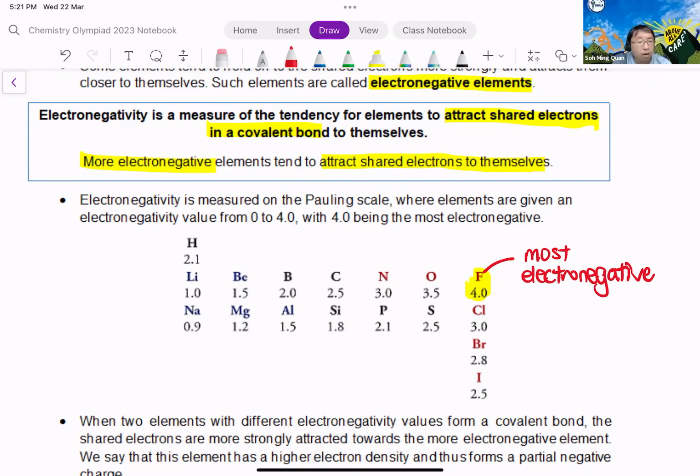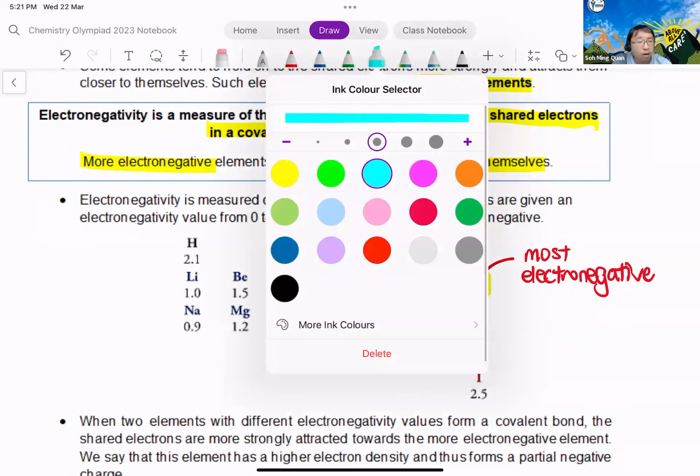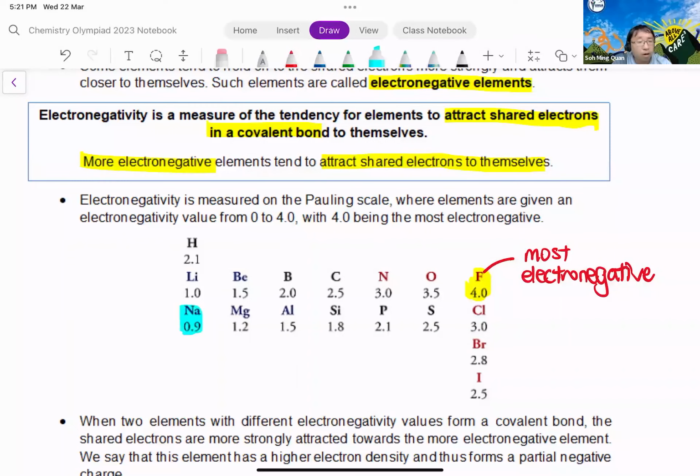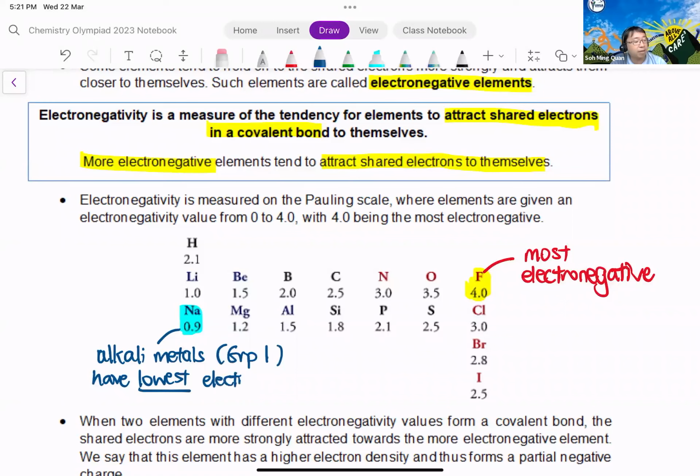On the other hand, on the other extreme, the ones with the lowest electronegativity are usually the alkali metals. What are alkali metals? They are in group 1. I've written the 1 like this because in the new periodic table that SJC students are using, the 1 is a numeral.